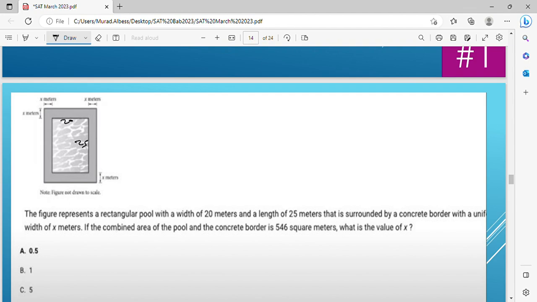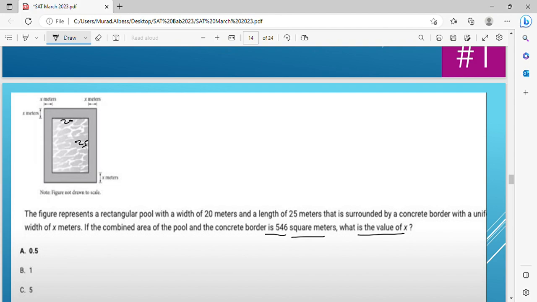It's surrounded by a concrete border with a width of x meters. If the combined area of the pool and the concrete border is 546 square meters, what is the value of x?